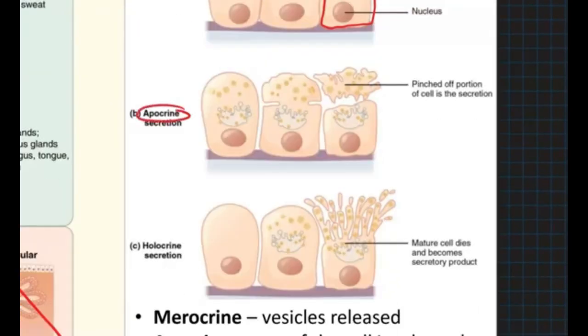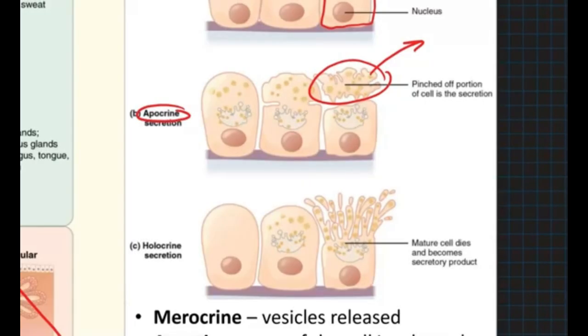In the apocrine secretion, a portion of the cell is being pinched off. Keep it in mind. I'm not going to go any further with this right now, but I want you to understand that once this chunk flows away, it contains whatever was supposed to be secreted and some material that was not. It was just a part of the cell.